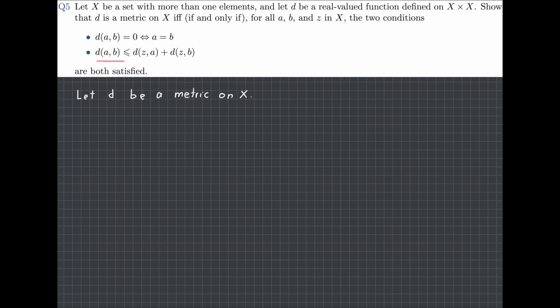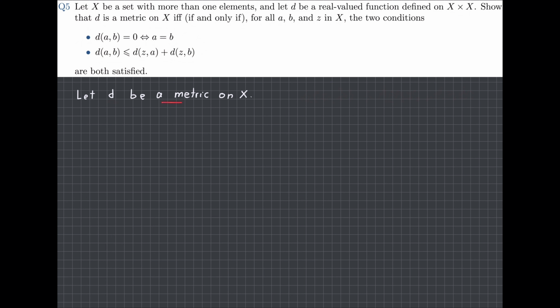For the second part, we have to see that this is not exactly the triangle inequality, because in the triangle inequality we have D of A and B is less than or equal to D of A and Z plus D of Z and B. Okay, but here we have D of Z and A. But that's also not a big problem because D is a metric.